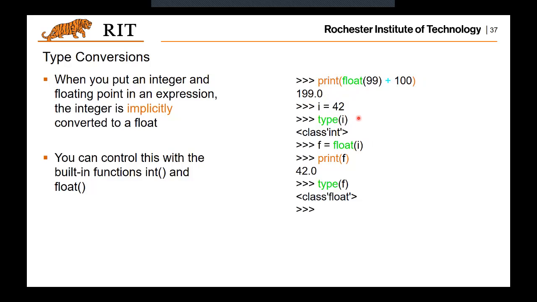And similarly, you can use type to see what happened. For example, I, which is 42, is input to type, and it's an integer number.